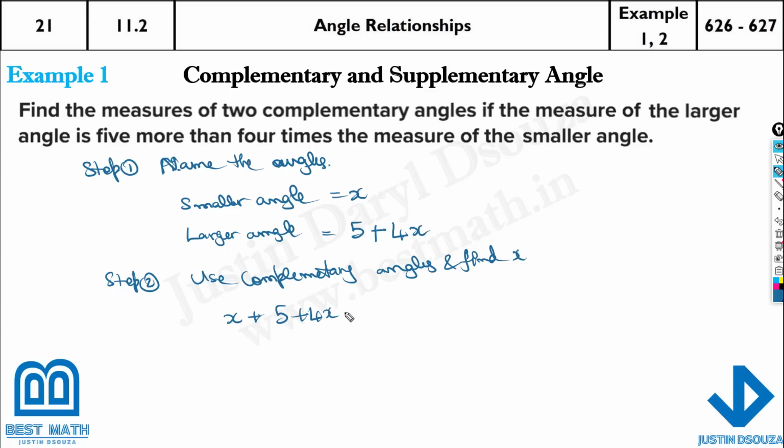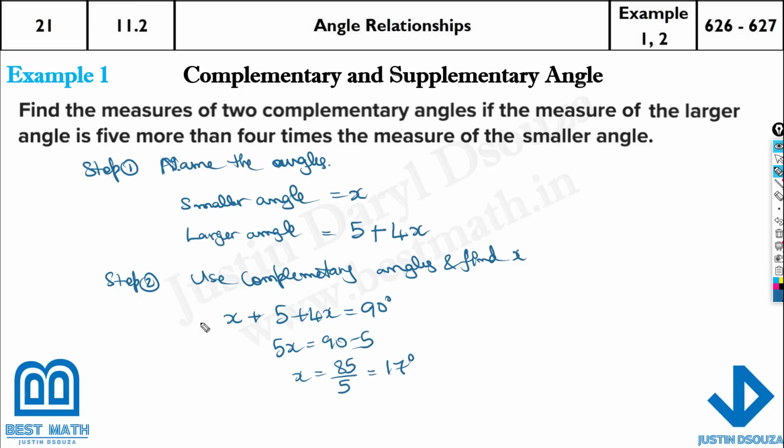This must be equal to 90 degrees. Complementary is 90 degrees. So we'll solve this. You need to do the steps here. 4 plus 1 is 5x. This 5 to the other side will be 90 minus 5. So x will be equal to 85 divided by 5. That is 17 degrees. So one angle is 17 degrees.